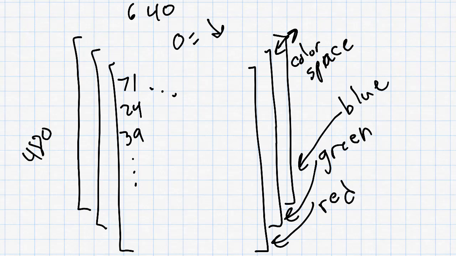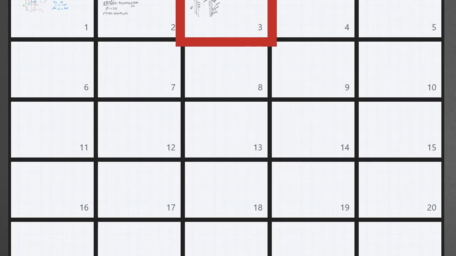So lastly, what do the actual numbers in the matrix represent? These numbers represent the brightness level. 0 means completely dark, and 255 means completely bright. The number of bits reserved for each of these numbers is referred to as the bit depth of the image. If the brightness values range between 0 and 255, we would say that the image has an 8-bit depth.